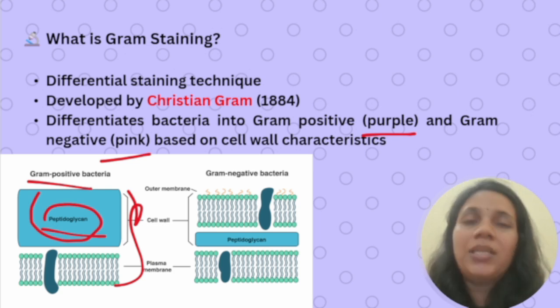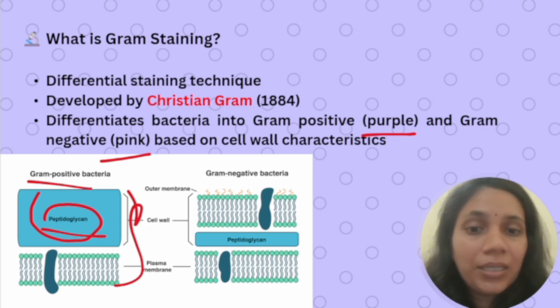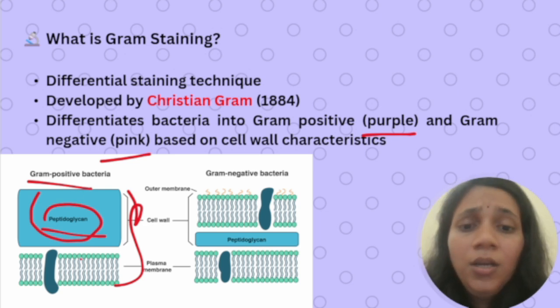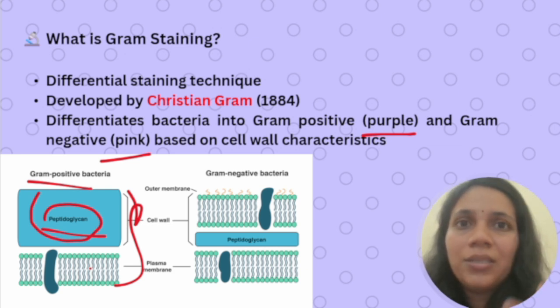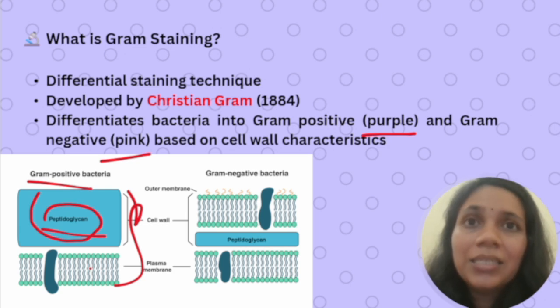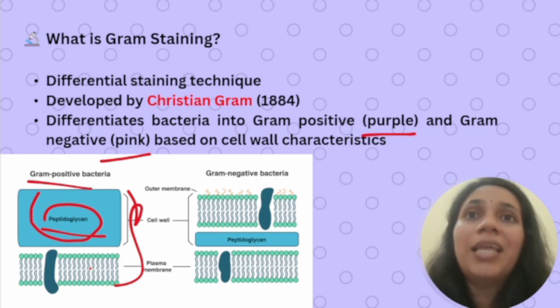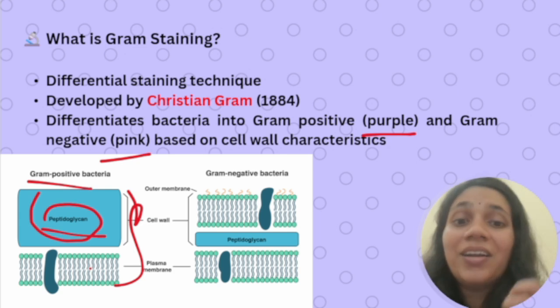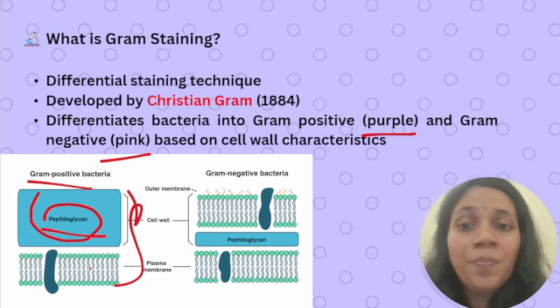It gets trapped and retained there. But in gram negative bacteria, the peptidoglycan layer is very thin, so the complex between crystal violet and Gram's iodine is washed off, and the cell is available for the next stain to be taken up. The counterstain is easily taken up by gram negative bacteria as compared to gram positive bacteria.